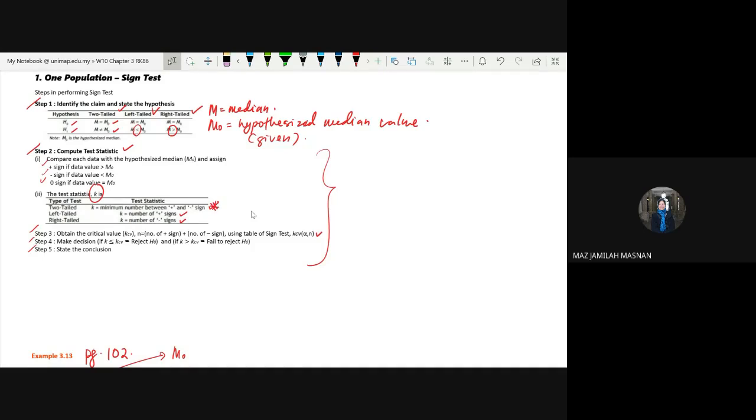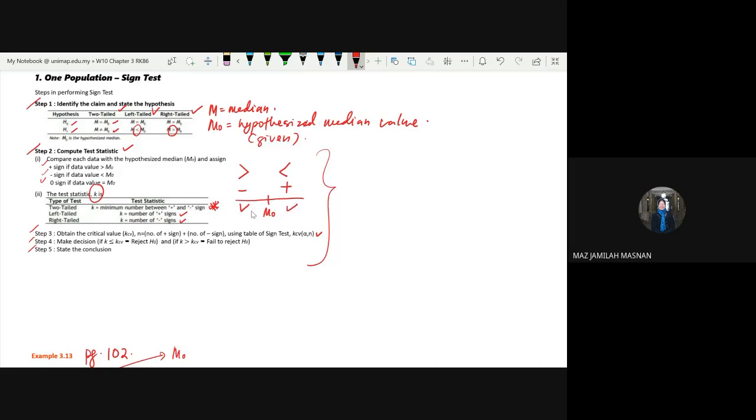Imagine you have your hypothesized value here, with negative signs on one side and positive signs on the other. If you are dealing with a right-tailed test, you look at the negative sign. If you are dealing with a left-tailed test, you look at the plus sign.